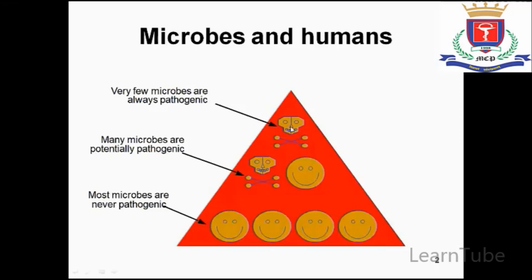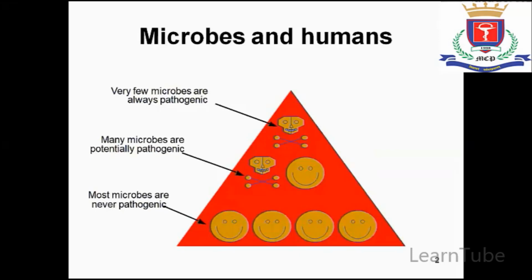Here, as you can see, it is a peak or pyramid-shaped microbe distribution, where the peak contains the pathogenic microbes. The middle portion has many microbes that are potentially pathogenic, a combination of both. They do not cause very severe diseases, and they are treatable, like the diseases which cause cough and cold.